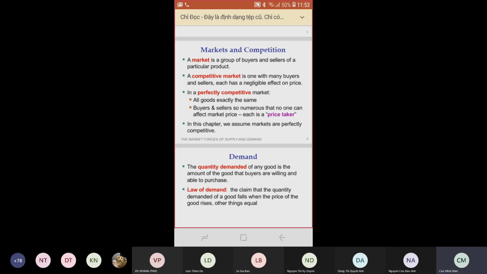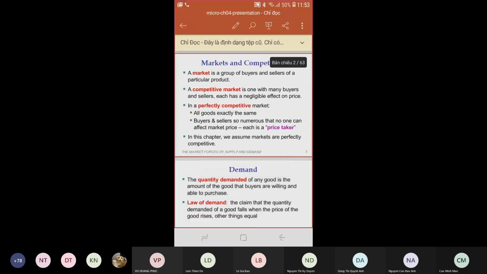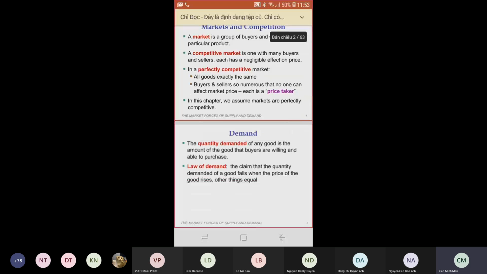I will tell you, we do not see much of this kind of market in reality. It seems we just see this market in the book, in the theory.